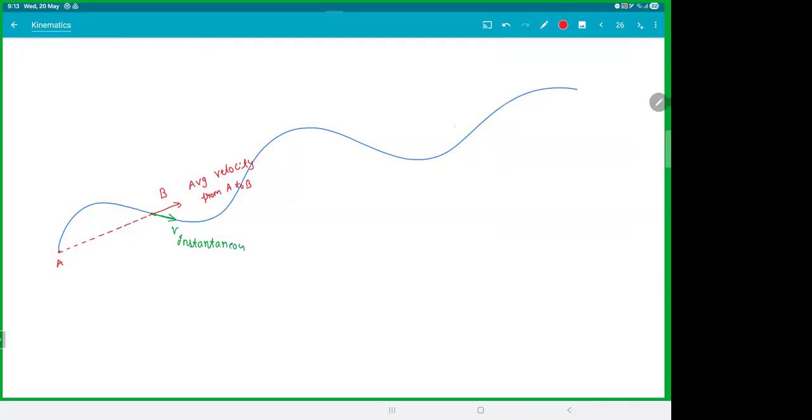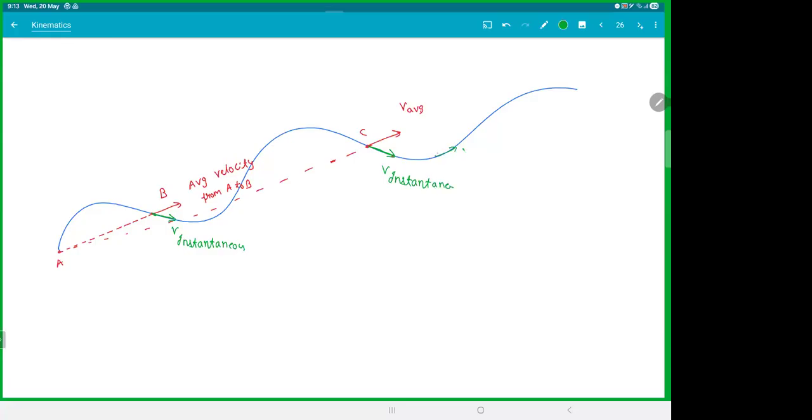Suppose you're going from, let's say, A to C. This is your average. What is instantaneous? Along the path. So this is your V instantaneous. So if someone asks you to find the direction of average velocity, just join the initial point and final point, draw a line. That's your average velocity vector. What is instantaneous velocity? It's always tangential.